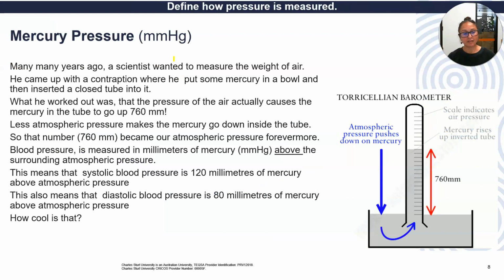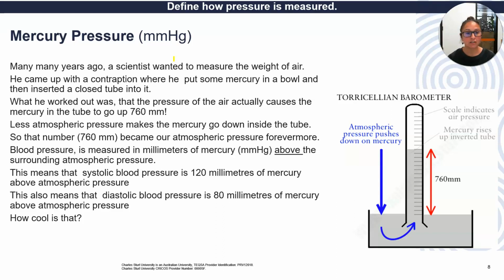All right, let's spend just a little bit of time thinking about how pressure is measured. Just a little bit of history and physics just to spice it up a bit. So there was a guy long time ago, and he wanted to measure the weight of air.